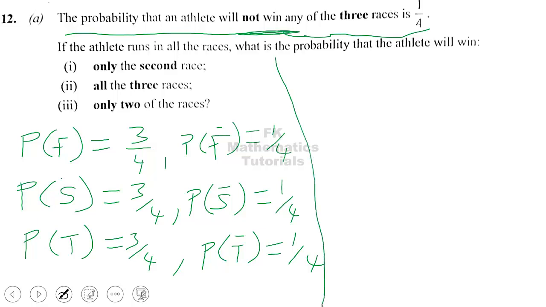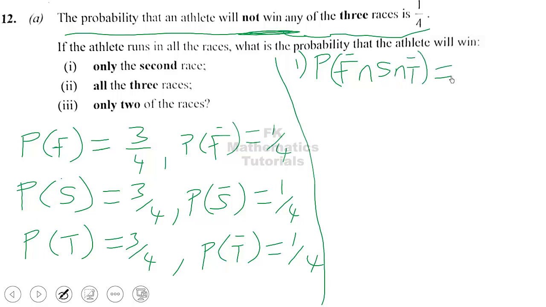Now, the first part, only the second race. If the athlete wins only the second race, that means he lost the first and third races. So the probability of winning only the second race: he lost the first one, but passed the second one and lost the third one.